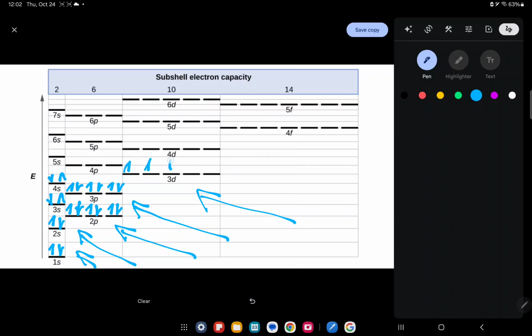Again, 1, 2, 3, 4, 5. Then you can fill the next 1, 2, 3, 4, 5. Once that one's filled, you go back to the 4p. So 1, 2, 3, then 4, 5, 6 for that one. Once that one's filled, then you can start the next one, which will be the 5s.